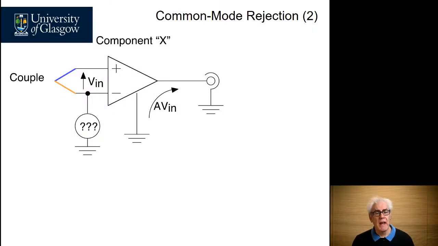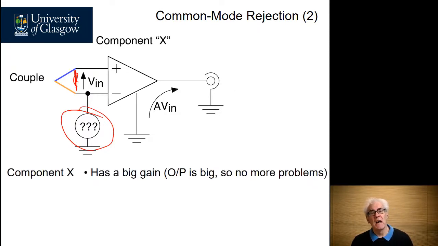Here's component X, and in this instance we don't care how much the common mode signal varies because we are only going to amplify the differential signal. The differential signal has a large gain so that the output is significant, so there are no more problems with small signals flowing in the ground connection.